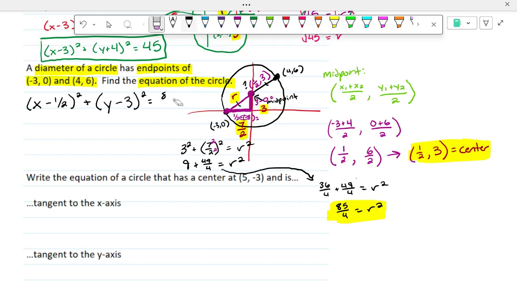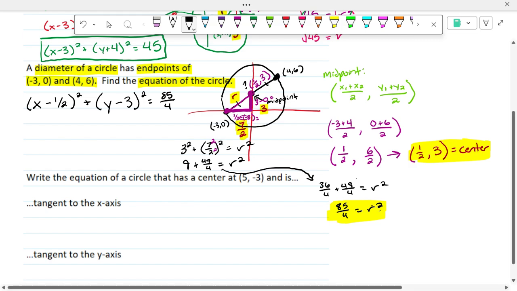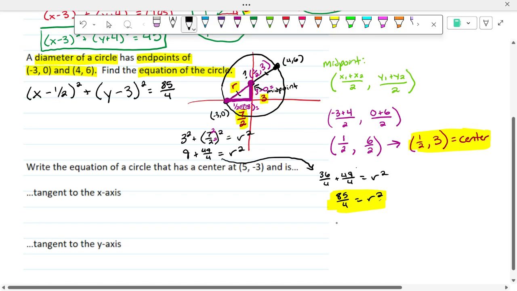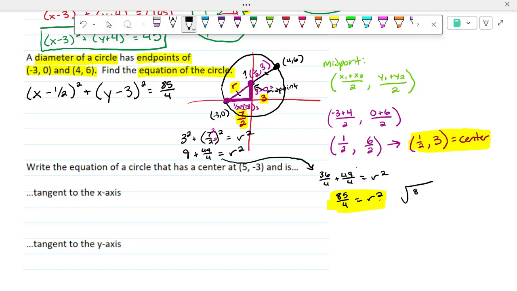I don't know why I put 84. All right. So again, since we found r squared and not just r, we can just put straight up 85 over 4. You can stop here at r squared if you want. If you wanted to find r, you could square root both of these. And it'd be square root of 85 over 4 is equal to r. Well, you just have to square it anyway. So it's counterintuitive.